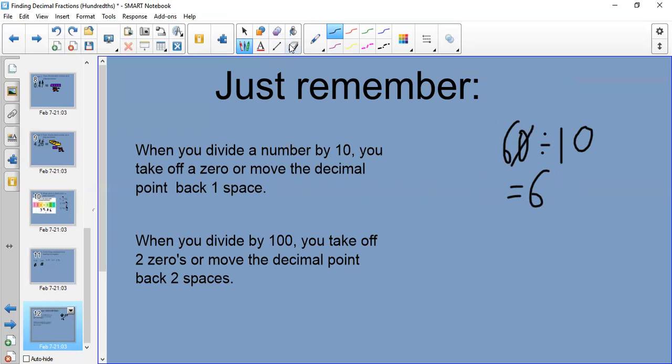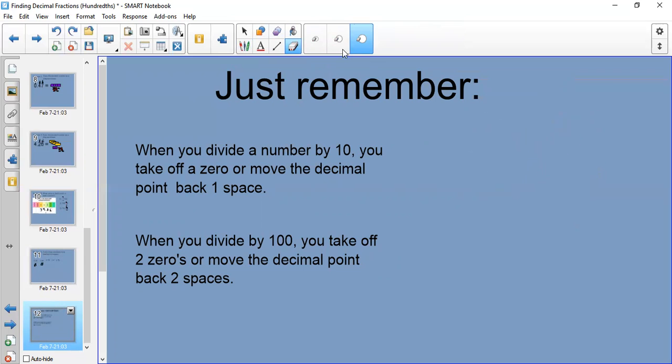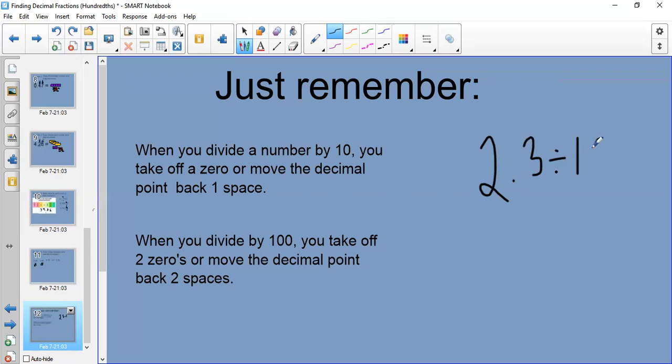It's the same if I wrote 70. 70 divided by 10 is 7. 80 divided by 10 is 8. If you've got a decimal, 2.3 divided by 10, again, all you're doing is moving the decimal point back one space. So that becomes 0.23.